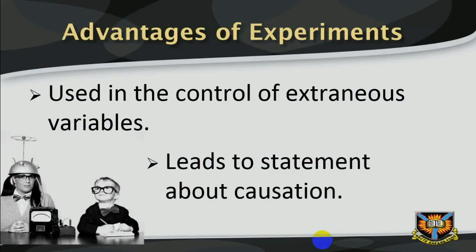In the library example, we might want to manipulate the facial expression of the person defending the table. To control for extraneous variation, we would need to give careful consideration to other factors that might compromise our ability to make statements about causation.